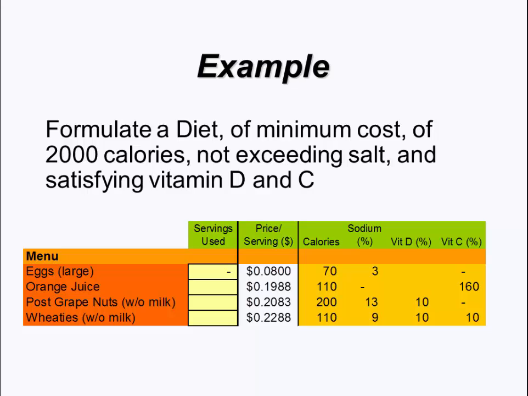In addition, what's the next one? 0.9. You guys are sharp. You're good. Usually it goes a little slower than this with my audience back home. All right, excellent. So there's our objective function.